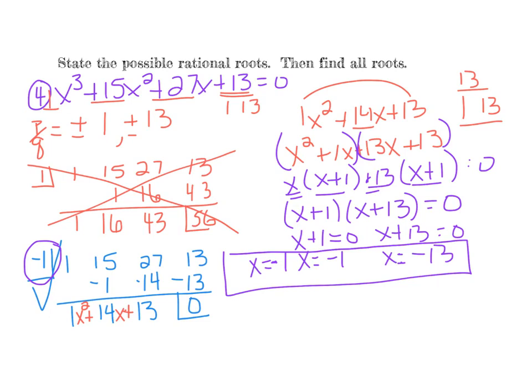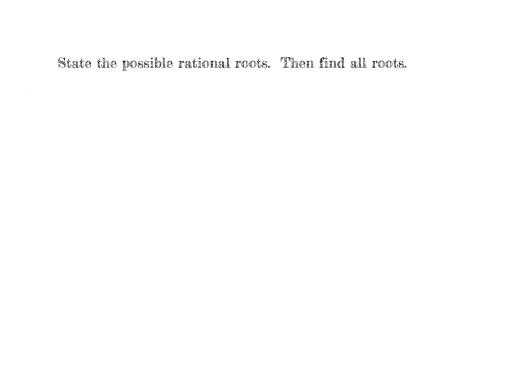Alright, I have one more example, and then we'll be done with this lesson. So number 5 is x to the third minus 7x squared plus 16x minus 10.